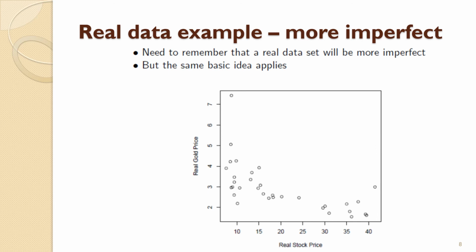Now, I wanted to show some real data examples. So those previous three graphs are cartoon scenarios of the idealized thing working perfectly. Now, a real data set will be much more imperfect than that, okay? But the same basic idea applies. So here we've got a plot of the gold price, in real terms.